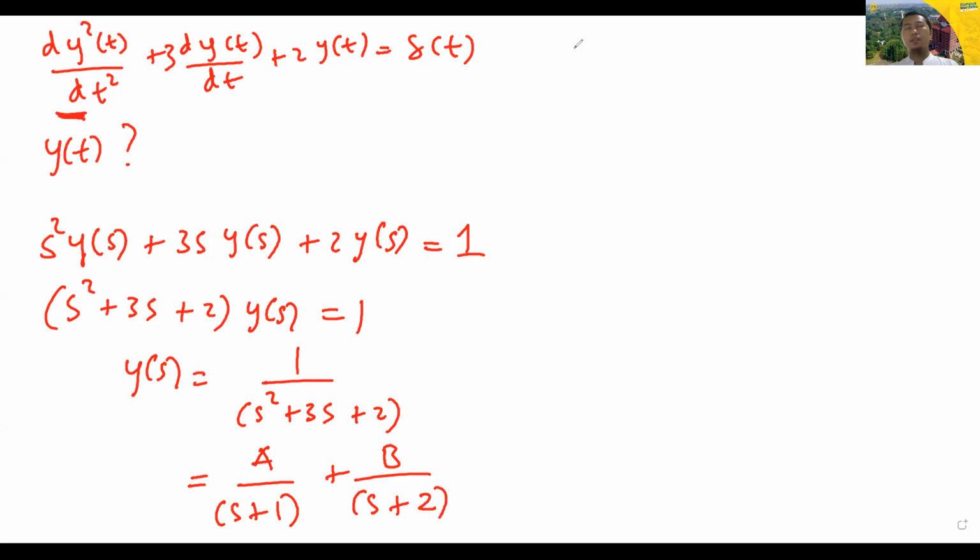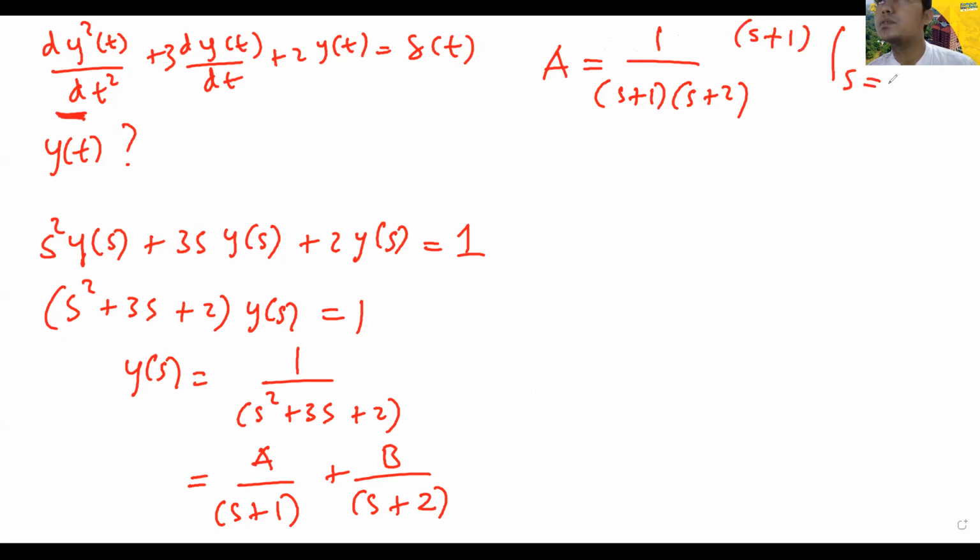And then we find A. A is 1 over (s plus 1)(s plus 2), but in this case multiply by (s plus 1), then substitute s with minus 1, and then we reduce this one, and 1 over (minus 1 plus 2) is equal to 1.